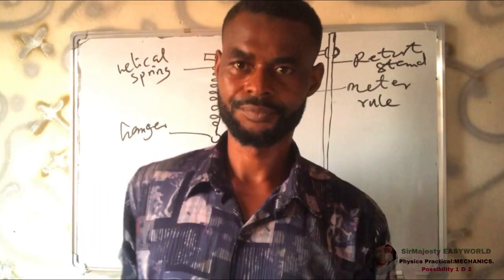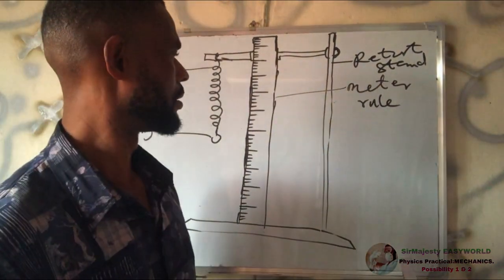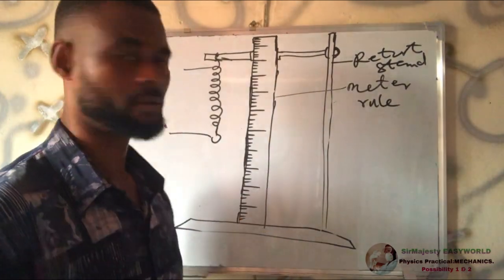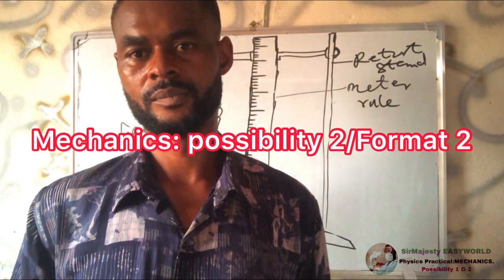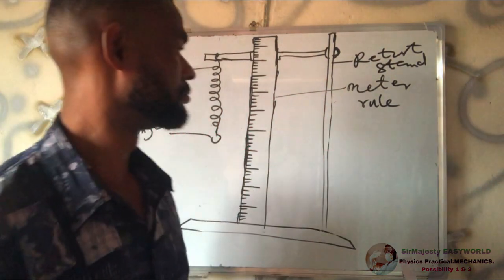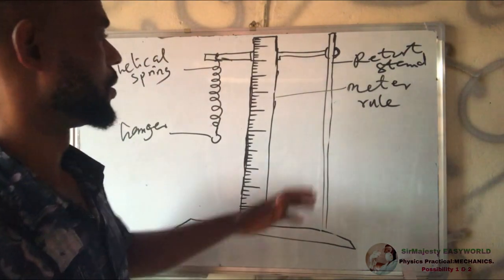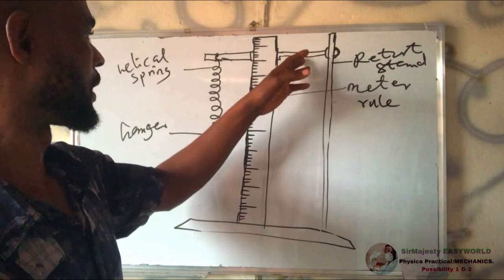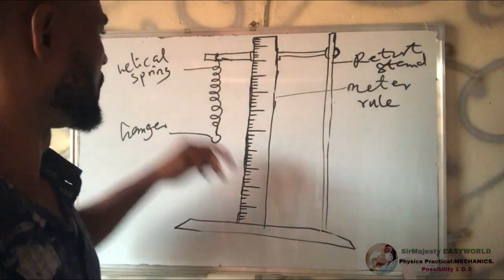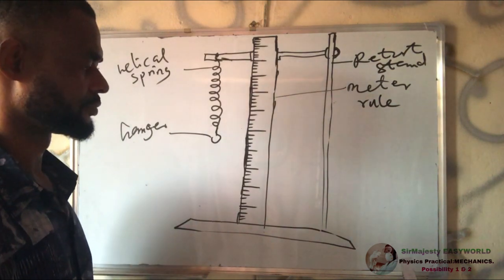All right. We will see another branch of these techniques. If you look at this diagram, you see some apparatus set up. You have a retort stand, a clamp, a metre rule, and a helical spring with a hanger.